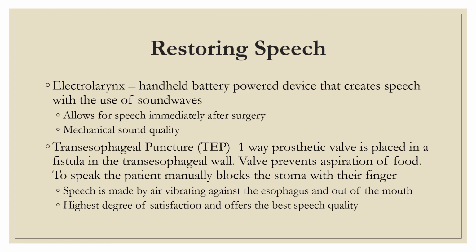And also if the patient wants to speak, the patient can manually block that fistula or stoma with their finger, and speech can be made by air vibrations. So the air vibrations move against the esophagus and they come out through the mouth. This is a higher degree of satisfaction for the patients. It's not as mechanical sounding, so the TEP may be more beneficial to some patients who may not like the electrolarynx device.